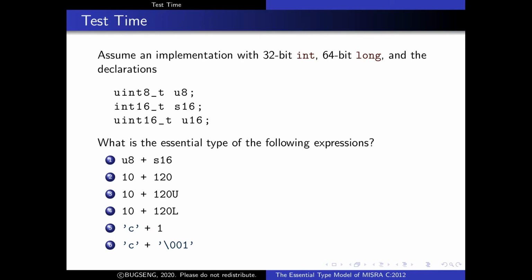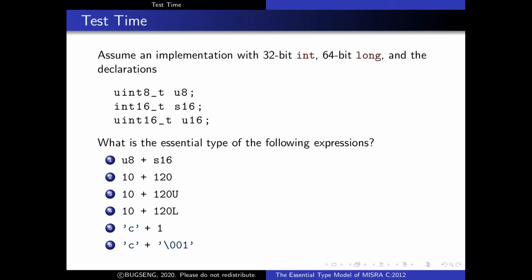Here we have 10, which is signed int, plus 120L, which is signed long. So what do you think will happen? Okay, you can show the results. Most of you got it right.